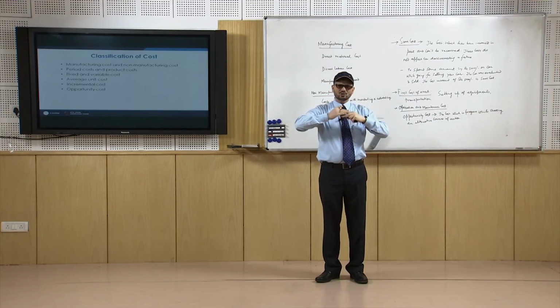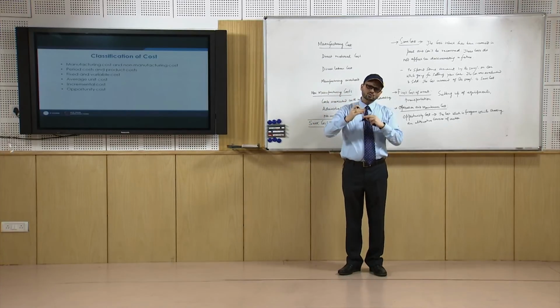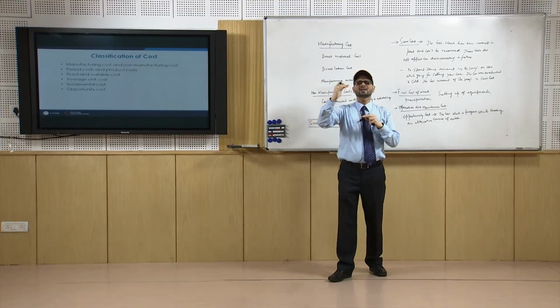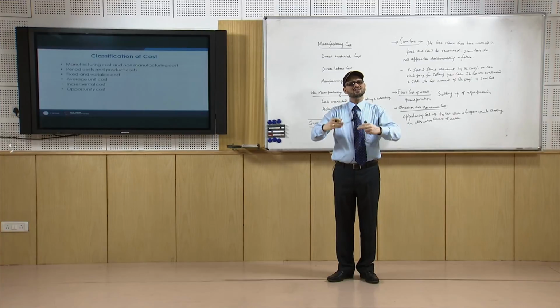Based on that you can set the price of the product, which will produce income, and you can earn profit once you sell beyond a certain point, which will be the break even point that we will discuss in our next class. Thank you.